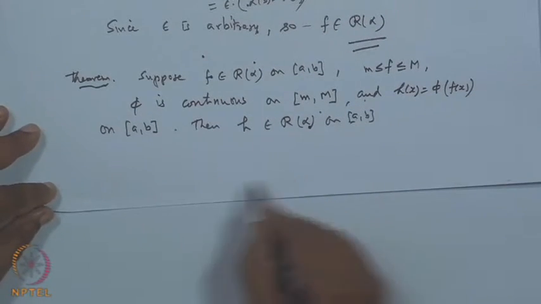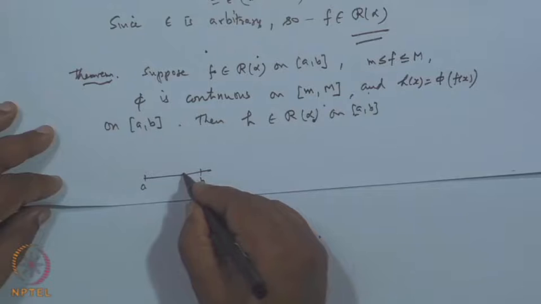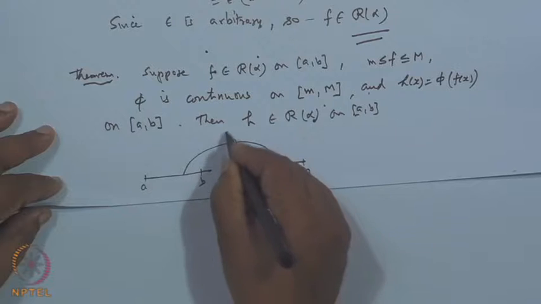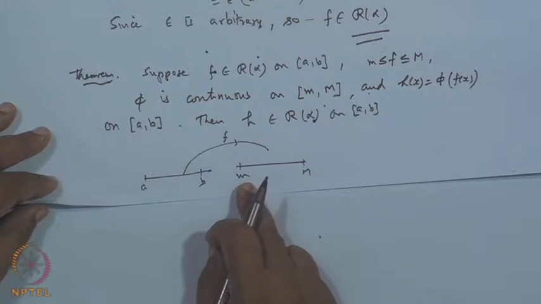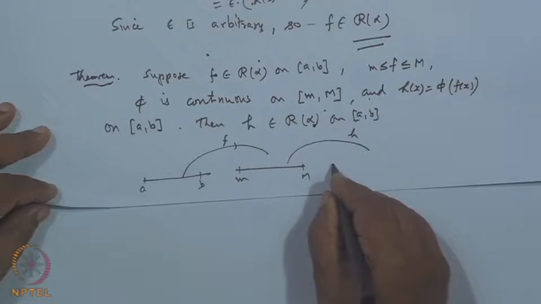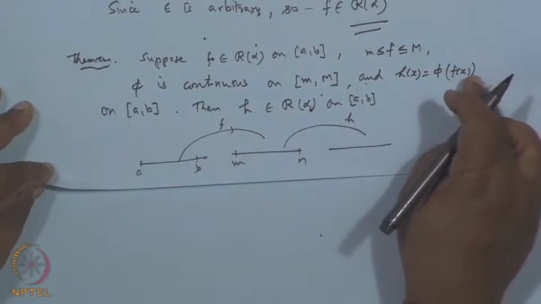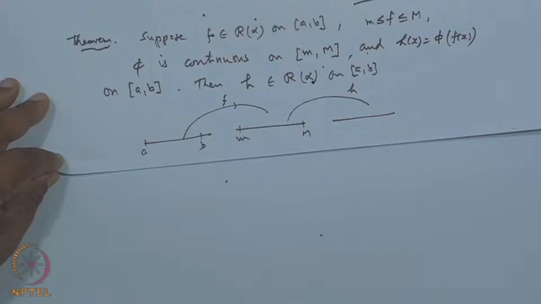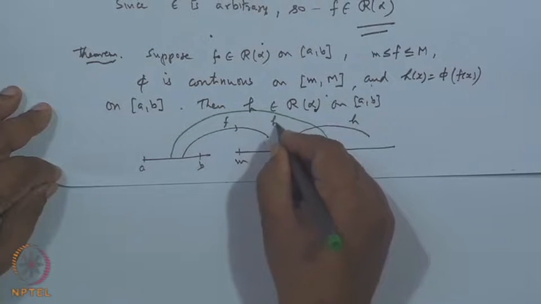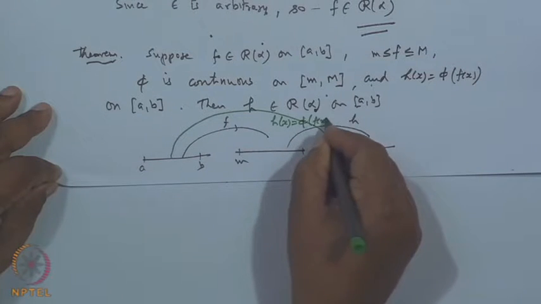Here we are taking this function, this is our interval [a,b], and function f is given. So, here is our small m and capital M, where the function f attains the minimum and maximum value, and over which the function phi is defined. When you combine the composition phi of f(x), it will transfer directly from here to here, which is h(x) equal to phi of f(x).